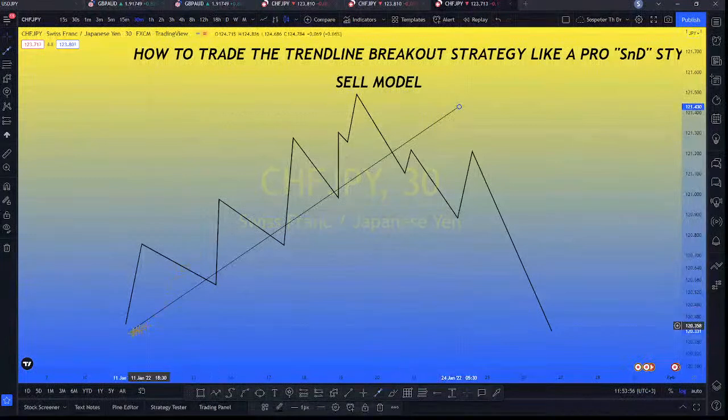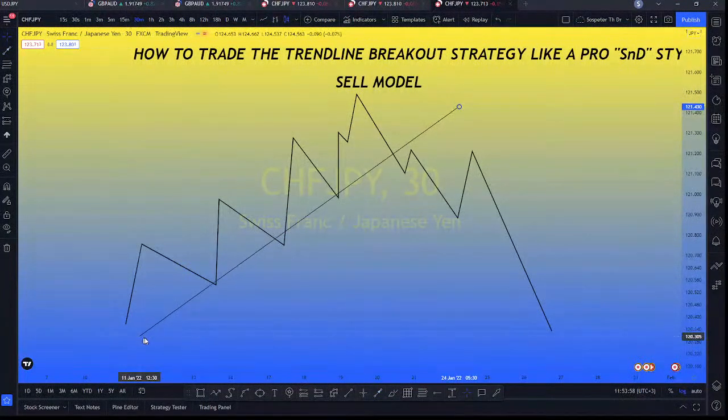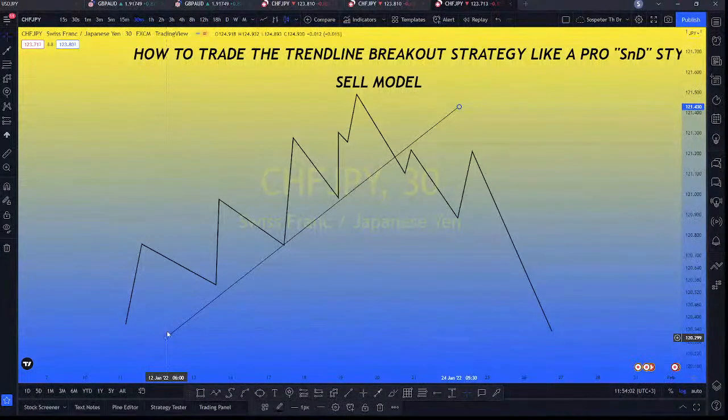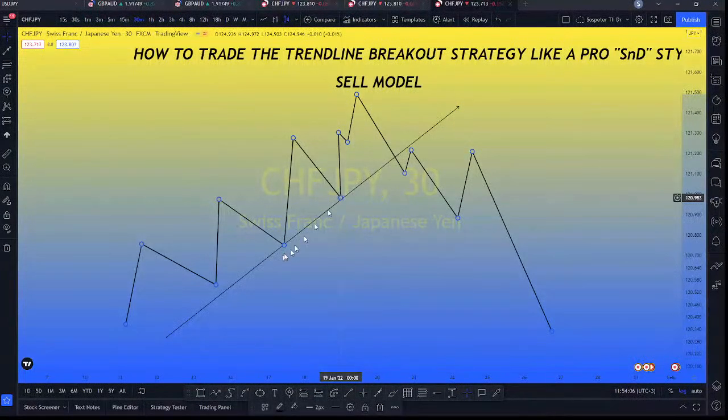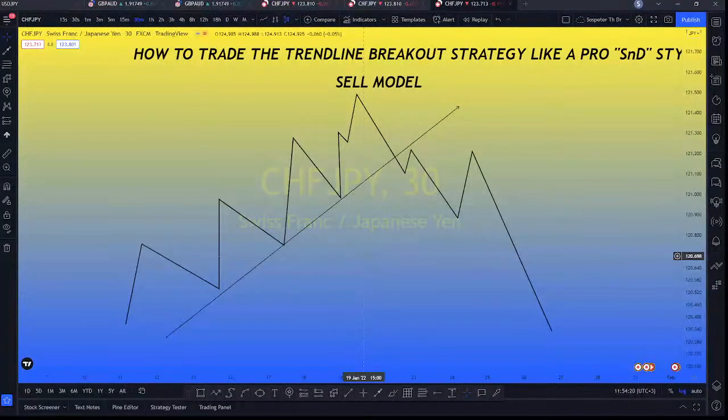Your first step is to find a trending market, and then, in the sell model, you first identify the demand zone which has been consumed.